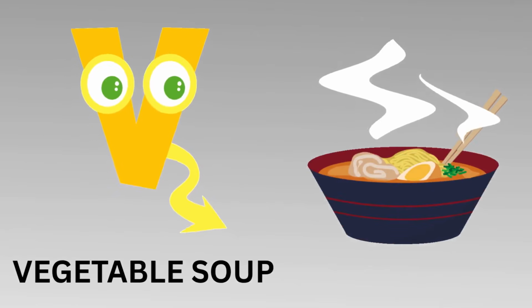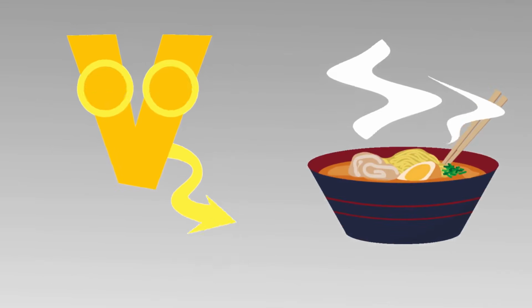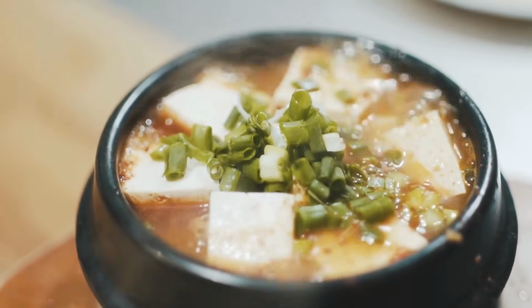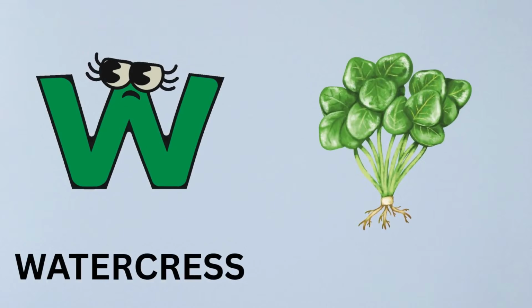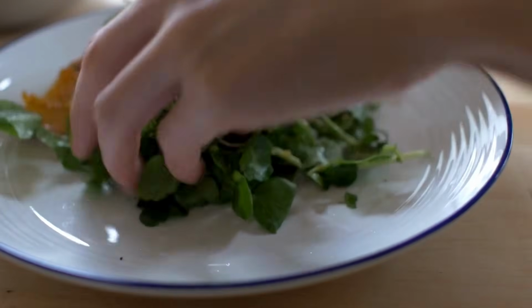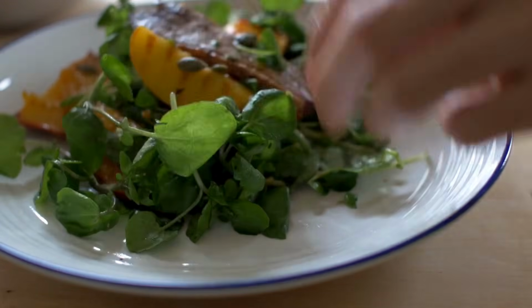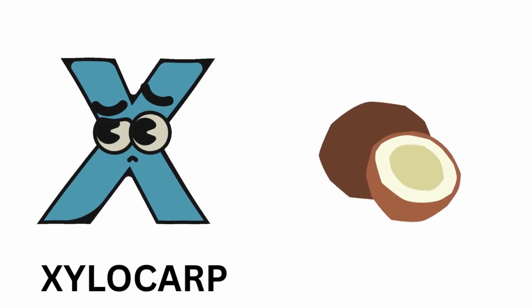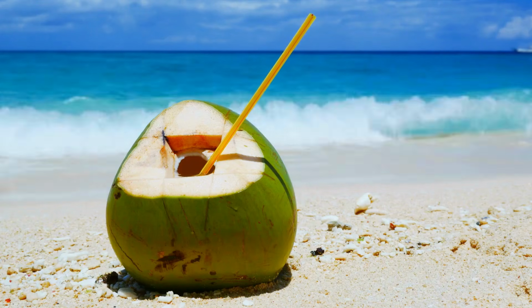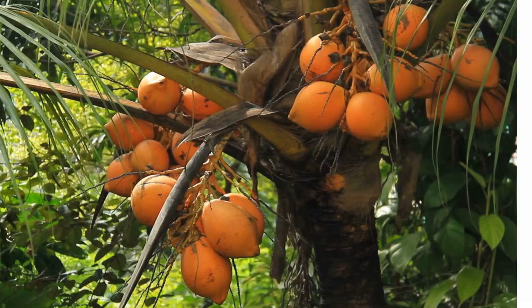V is for vegetable soup. Vegetable soup. V is for vegetable soup. W is for watercress. Watercress. W is for watercress. X is for xylocarp. Xylocarp. X is for xylocarp.